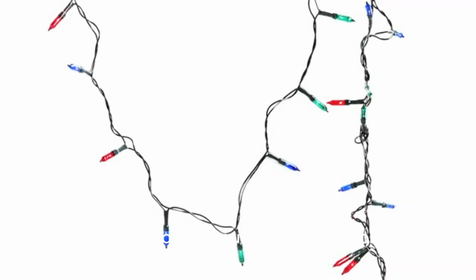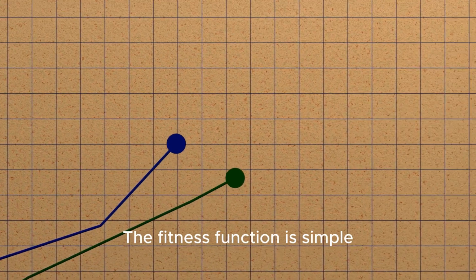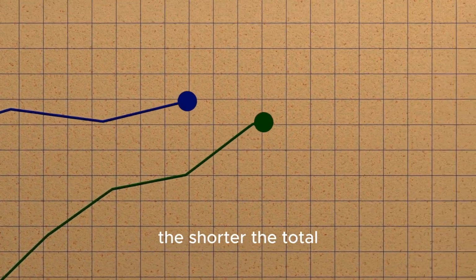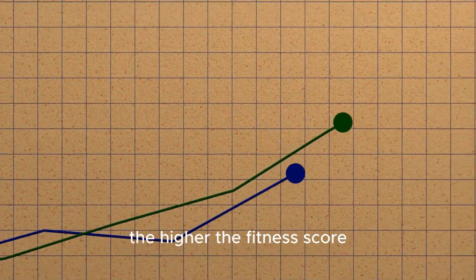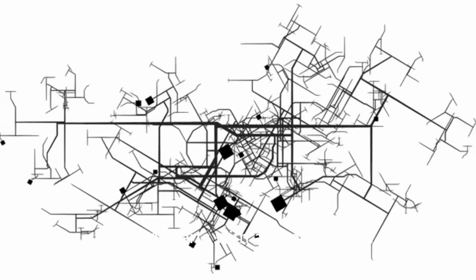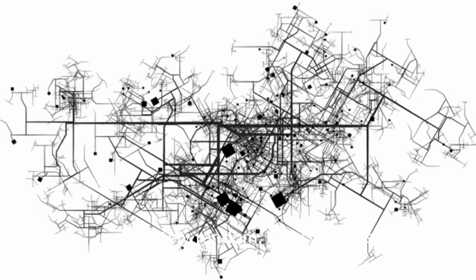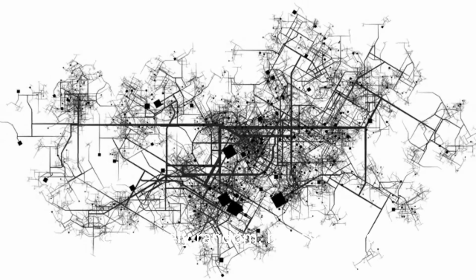Here's how. Each chromosome in our population represents one possible route, a specific order of visiting the cities. The fitness function is simple. The shorter the total distance of the route, the higher the fitness score. The GA starts with a population of completely random, messy routes.